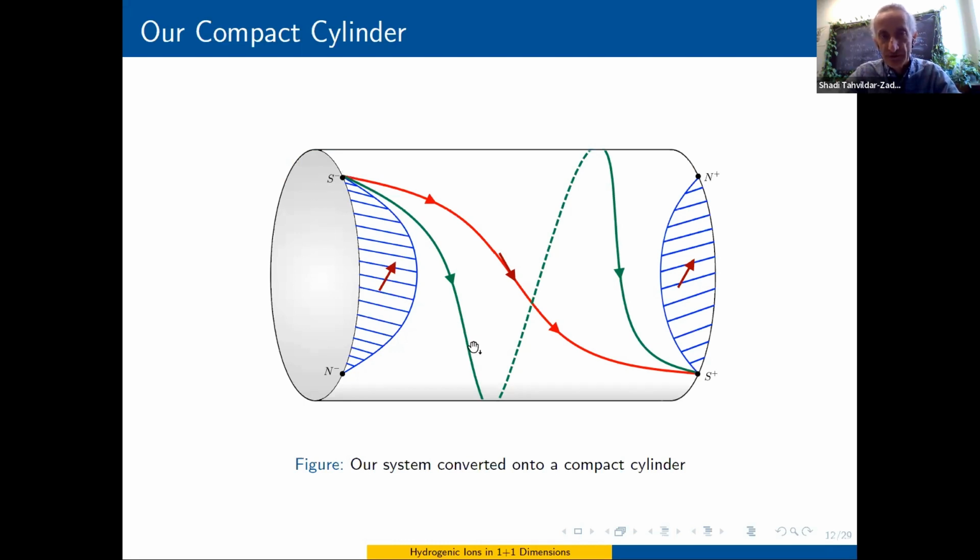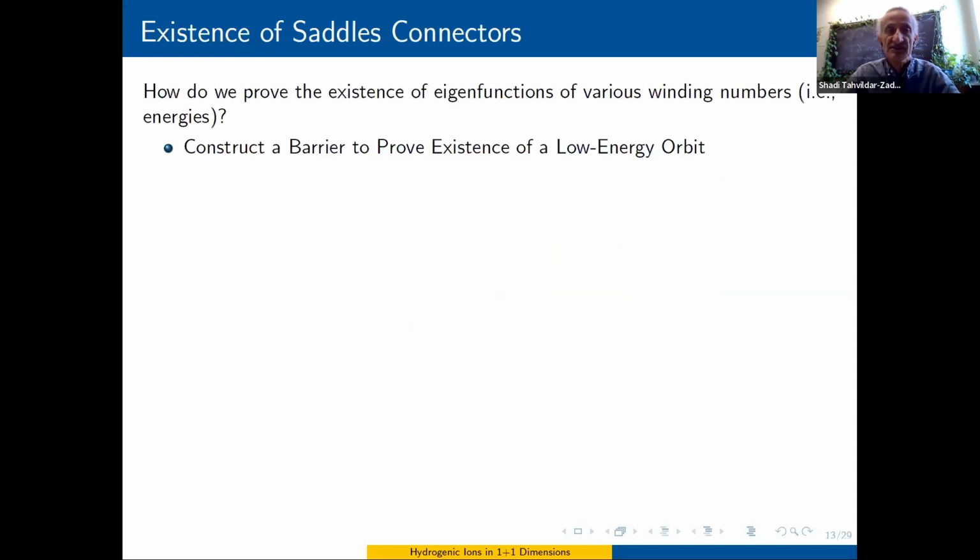And here you see an orbit, the green one, has winding number 1, right? Because it's going around once. The question to ask is, can we prove that for any given winding number n, you're going to get a saddle-saddle connector? Can one prove that? And you will see what the answer is in a second.